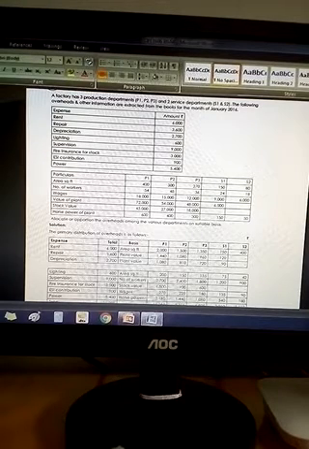So all the indirect expenses we have in our hand, we have to apportion on a suitable basis. And this is the main theme of this particular chapter, of this particular sum, that there are some indirect expenses and we have to apportion the indirect expenses to the production department.